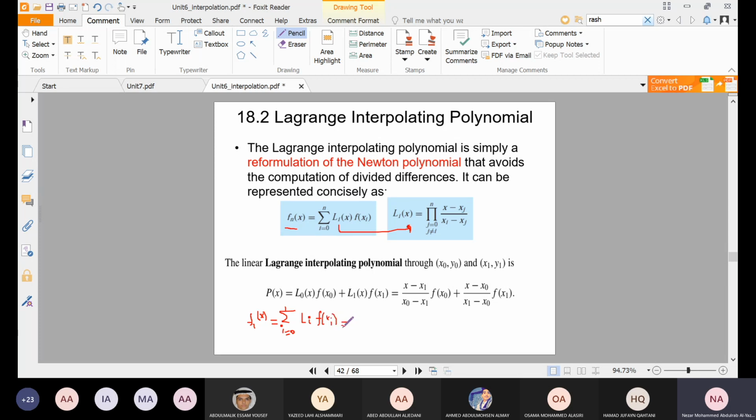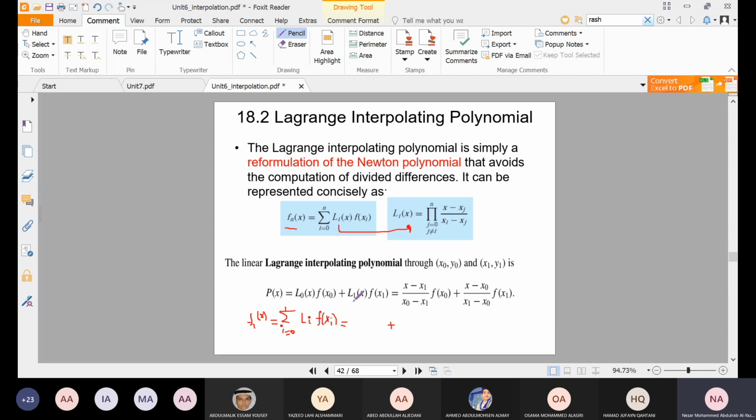Okay, so the first step, what I will do, I substitute 0 instead of i. So it will be L0 f of x0. So this is the first coefficient. Okay, substitute 0 instead of i. So we'll have here L sub 0, f of x sub 0. And this summation, so this will be plus the next term, just increment by 1.